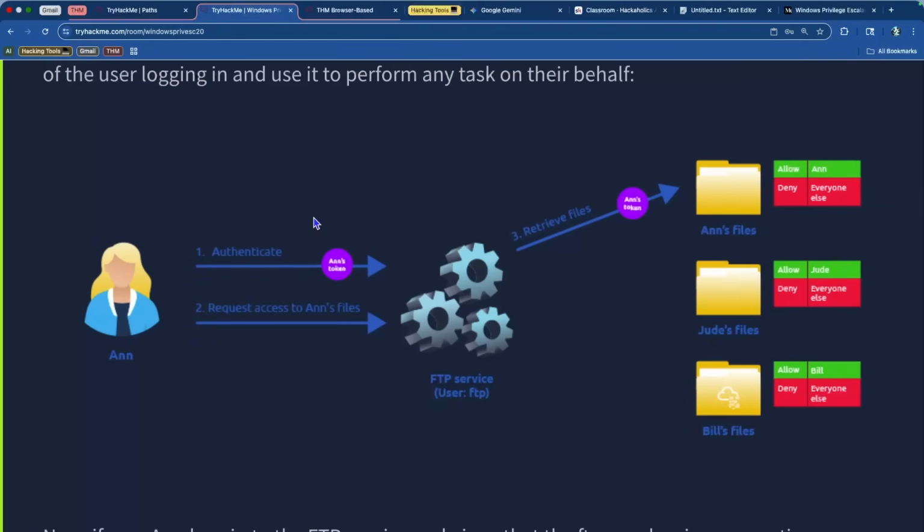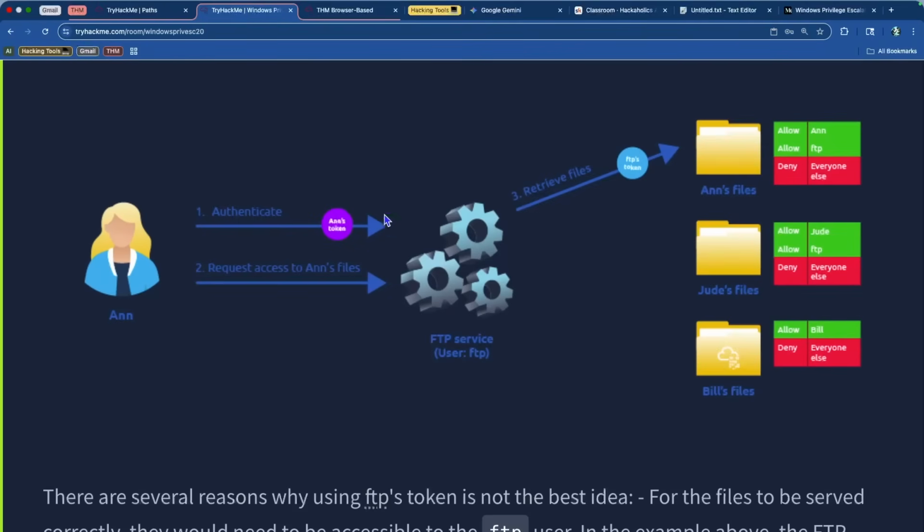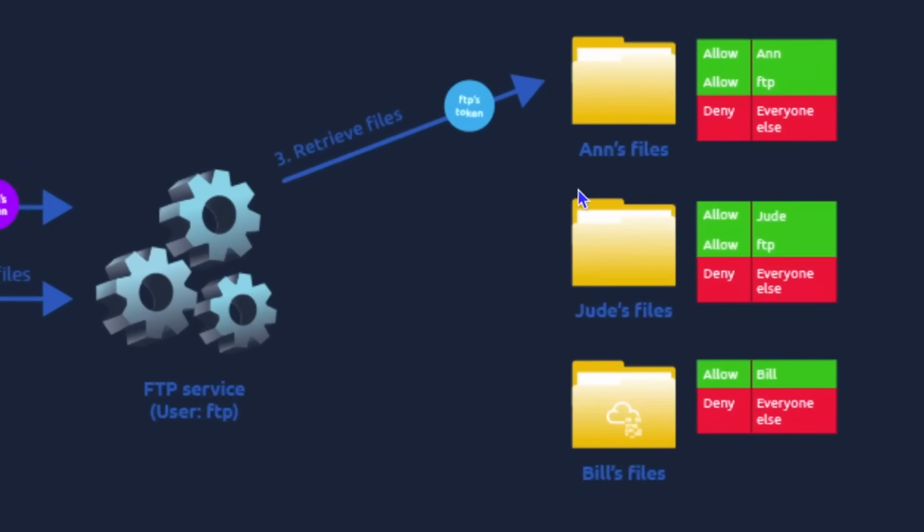Okay, that makes sense. So it's basically, in this case, Ann uses her token to authenticate herself and to request access to her files. The FTP service has to use its own token to be able to access the files right here, right? The FTP token, if we pay attention to it on the side right here, is allowed to access Ann's files, Jude's files, but not Bill's files, right?